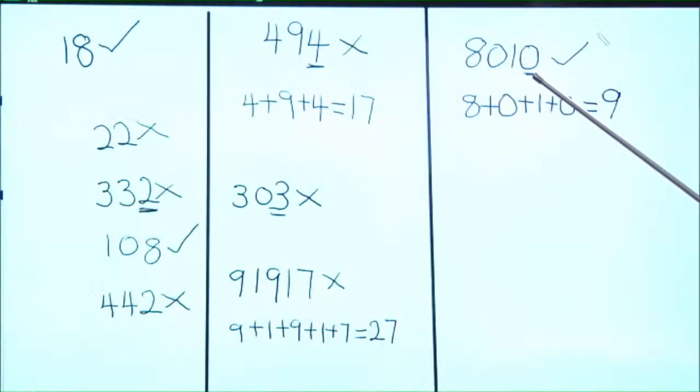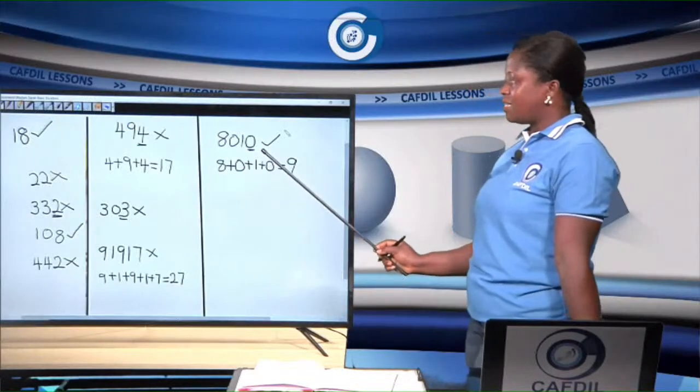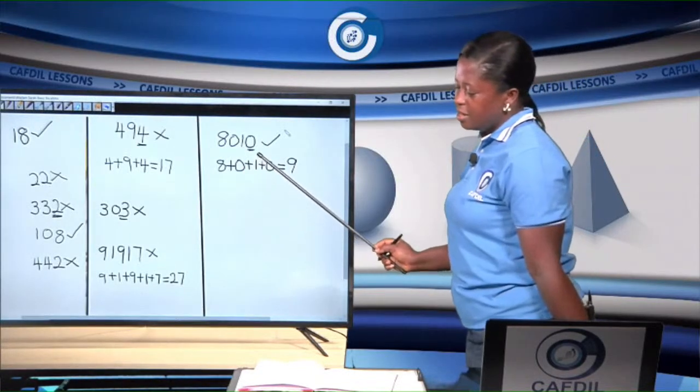The last digit here is 0. 0 is an even number. Therefore, 8,010 is divisible by 18. We are taking all the numbers that are divisible by 18, and then we will cross those that are not divisible by 18. So this number is divisible by 18.